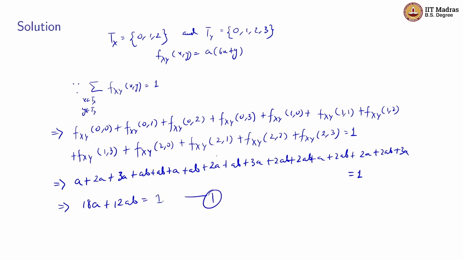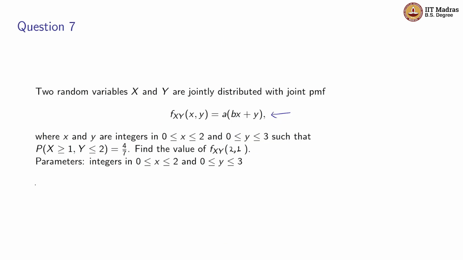Similarly, we will get another equation from the given probability. The probability that x is greater than or equal to 1 and y is less than or equal to 2 is equal to 4 by 7.